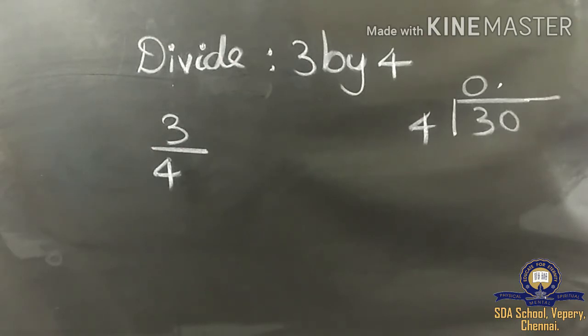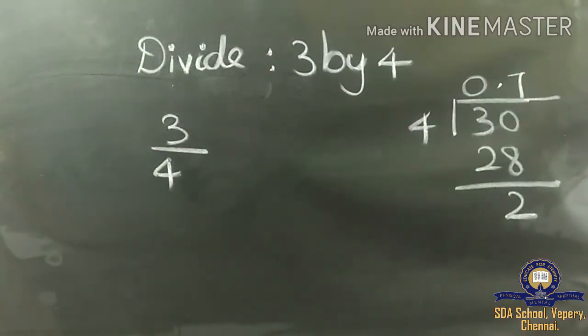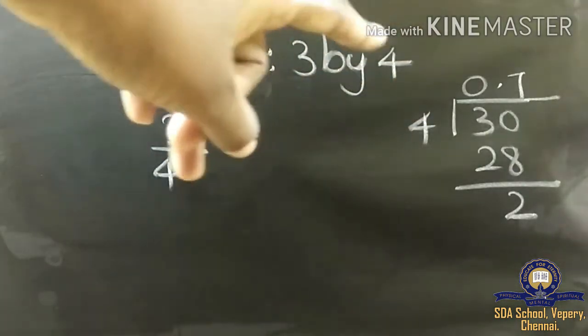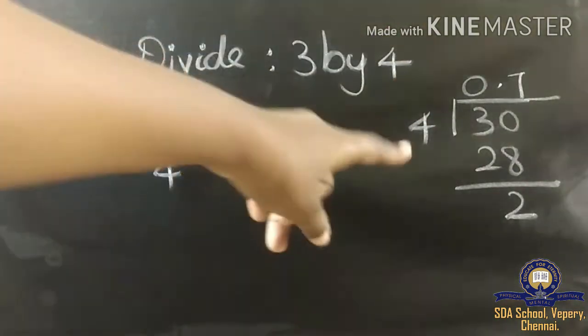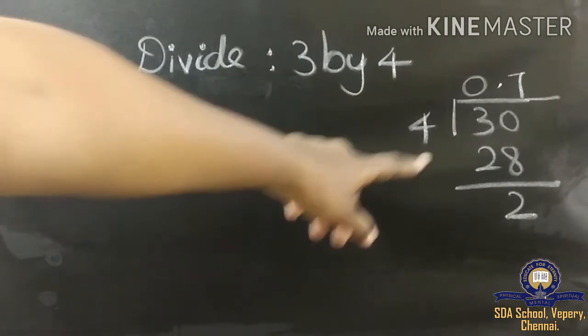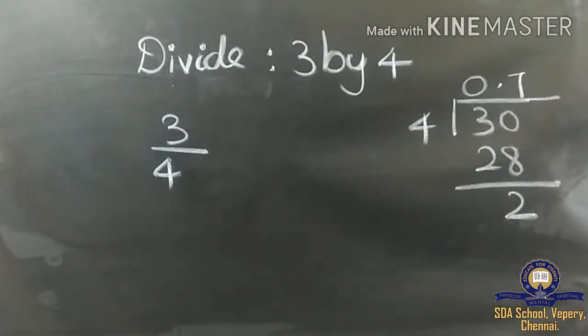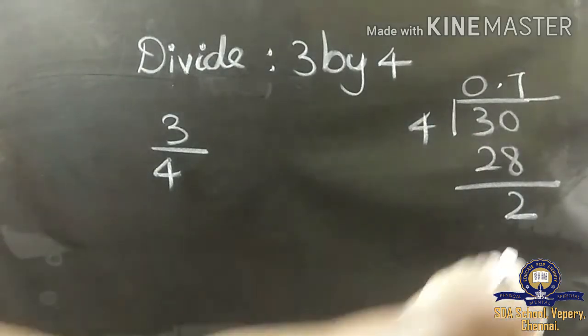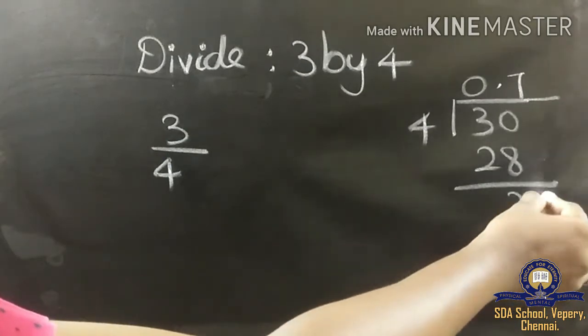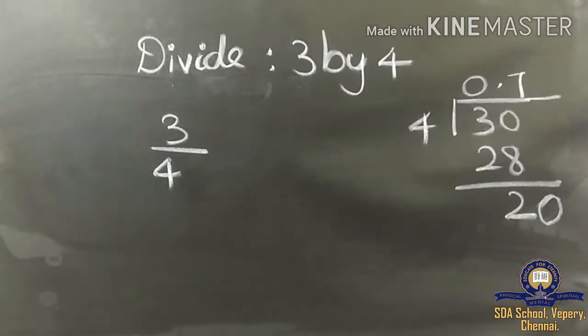4 sevens are 28. If you subtract, your answer will be 2, right? Next, here you are going to add one more 0. And 4 fives are 20, right?